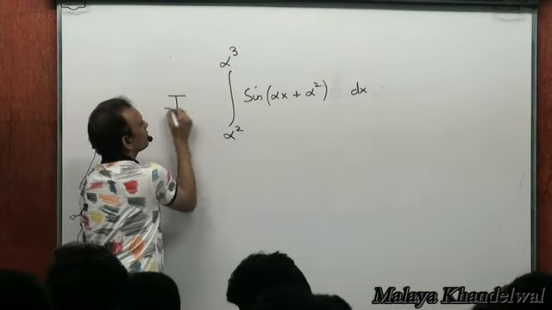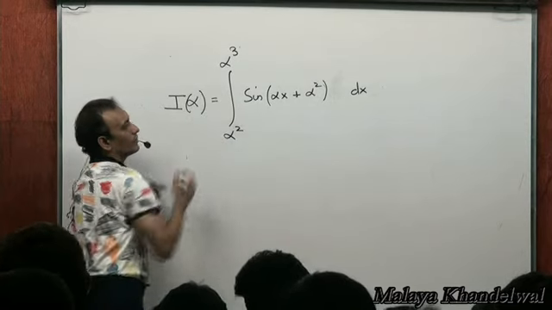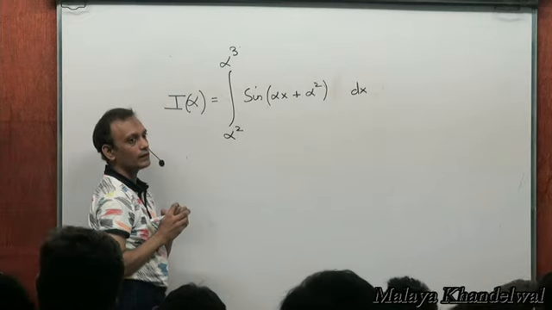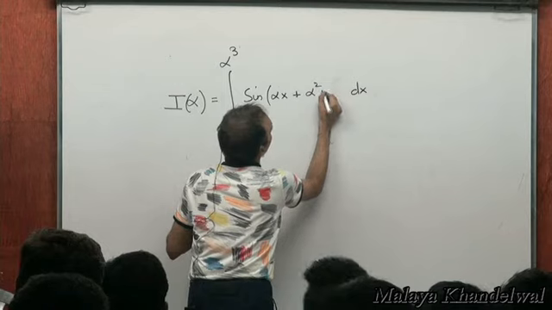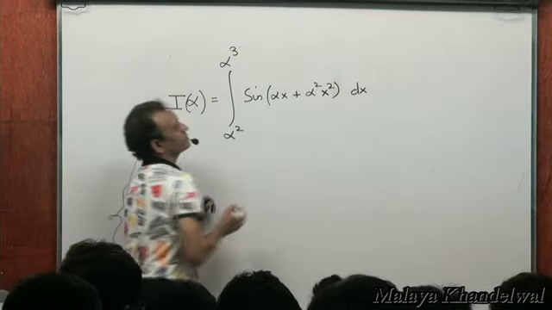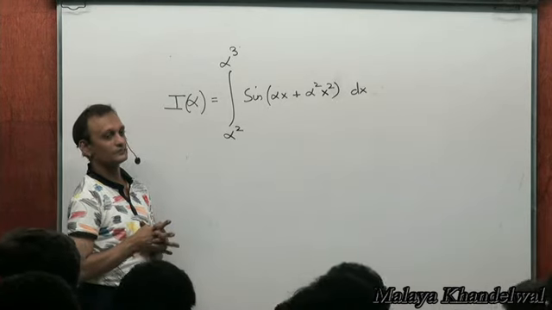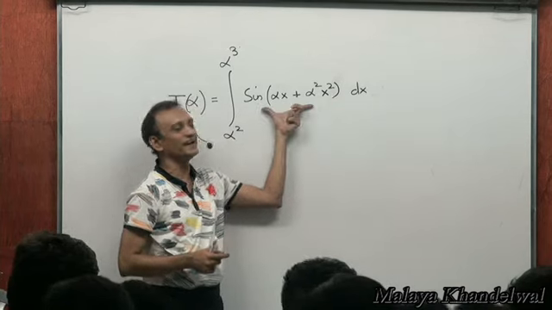This is I alpha. Right? So let me just say alpha squared x squared. The reason I did this was, sine of alpha x plus alpha squared you could readily integrate.